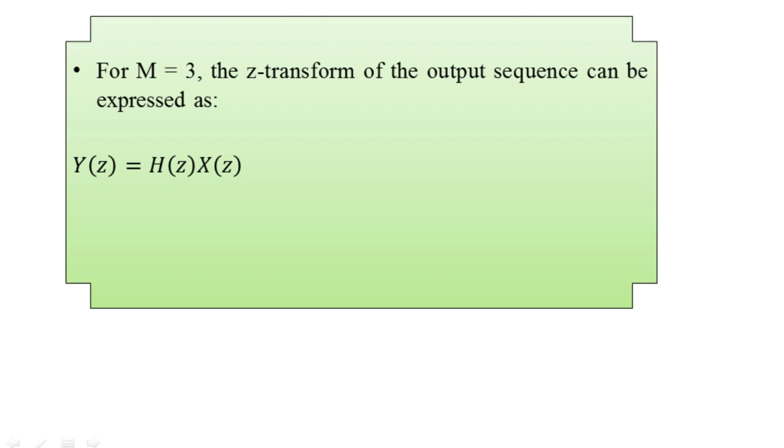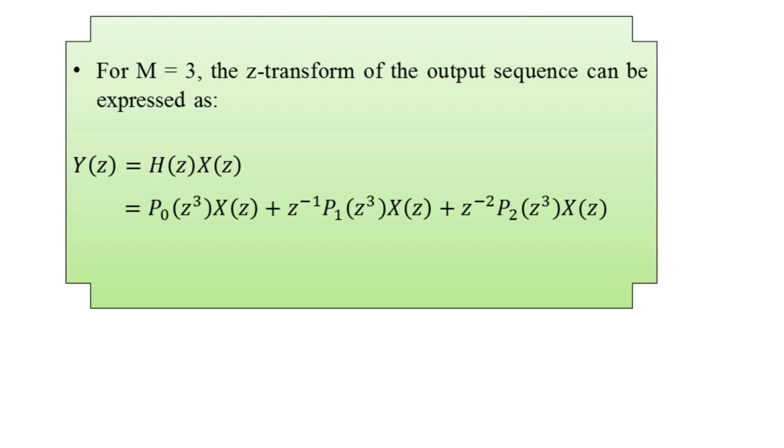Further we denote it as P0 of z cube multiplied by capital X of z, further added by z inverse into capital P1 of z cube into X of z, further added by z to the power minus 2 multiplied by P2 of z cube into X of z.